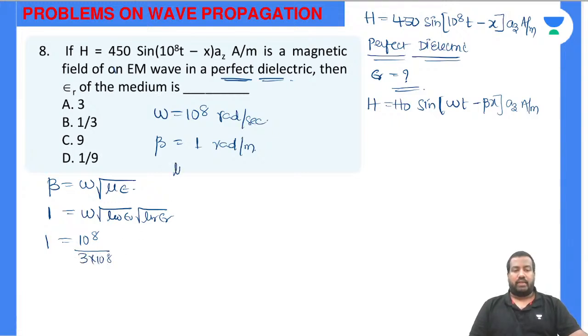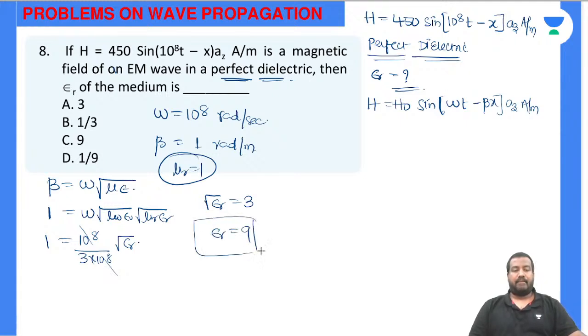Mu r value is not given, so we can take it as 1, into under root epsilon r. Implies under root epsilon r is 3. Epsilon r is 9. Absolutely correct, Yadav. Option C is the answer. Very good.